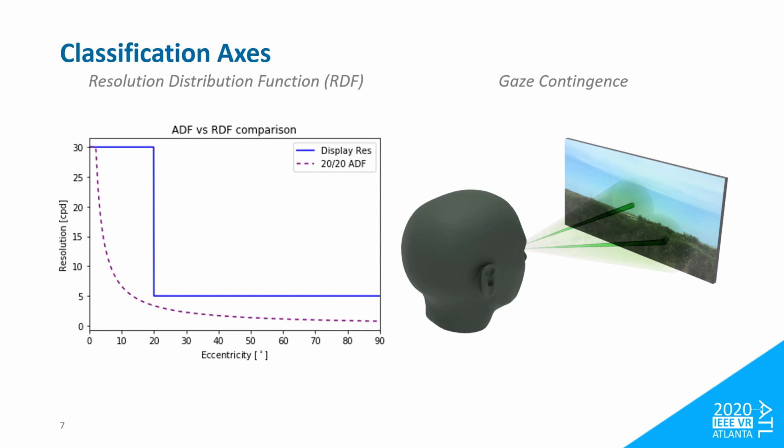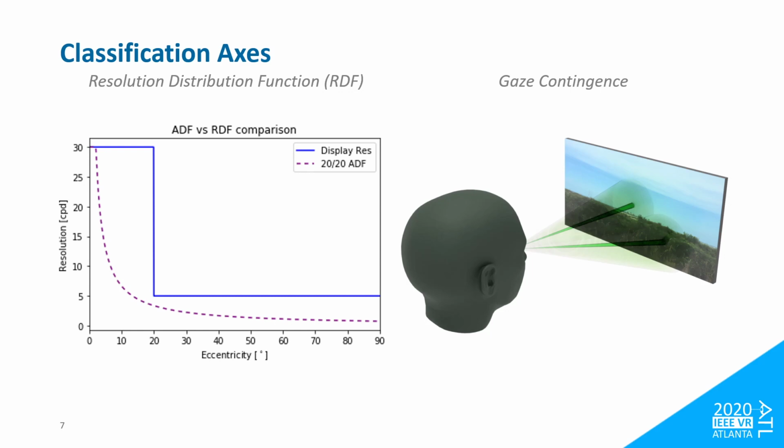While it's extremely valuable to continue to strive to understand the human visual system at deeper and deeper levels, for the sake of this discussion, we're going to establish an approximation of the human visual acuity distribution function, or ADF, which is a monotonically decreasing function from the center of human vision. Furthermore, we'll compare that ADF, the dashed purple line here, with the resolution distribution, or RDF, of the display, hardware, and optics, the solid blue line.